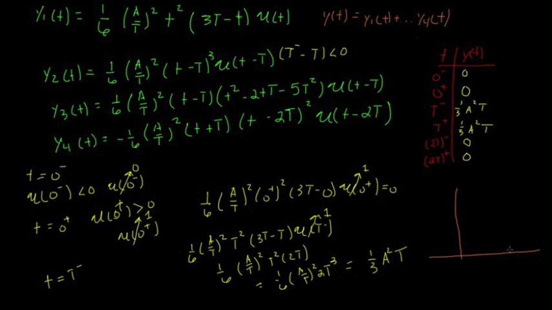At t minus, so let's just go ahead and put a t here. It would do something like this, and it would have an amplitude of 1/3 a squared t. And that would be y of t.